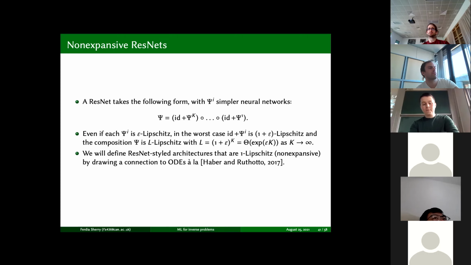So basically what we'll do then is we'll say you can come up with ResNet-styled architectures that are provably one-Lipschitz, basically motivated by ODEs in a similar way to this famous paper by Haber and Ruthotto.